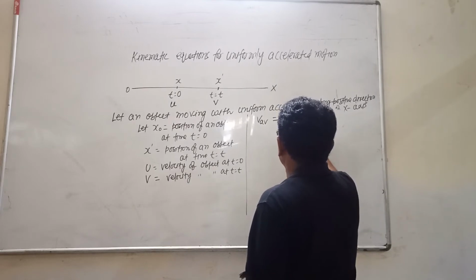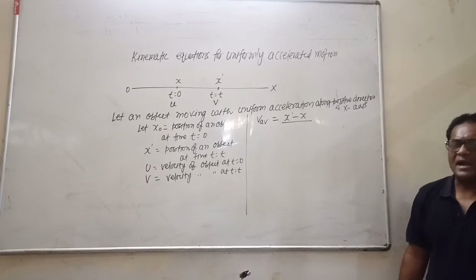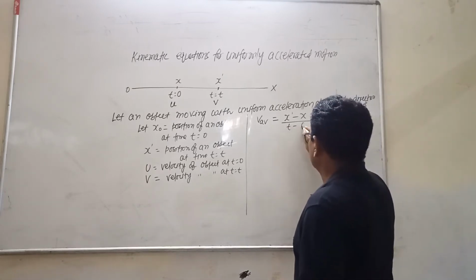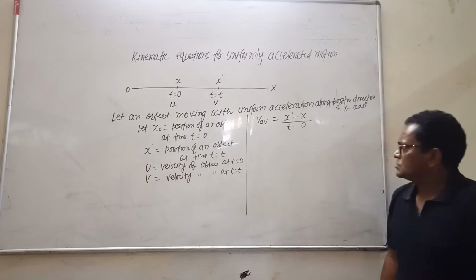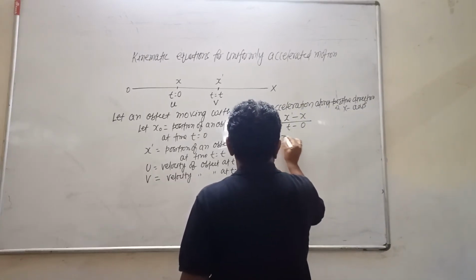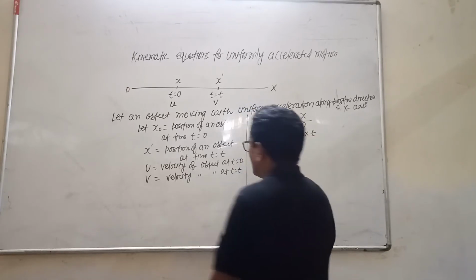This is the total distance, x dash minus x, and the total time taken is t minus 0. So x dash minus x equals v average into t.